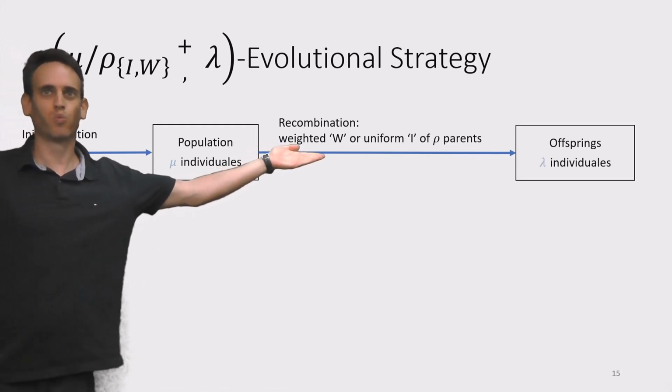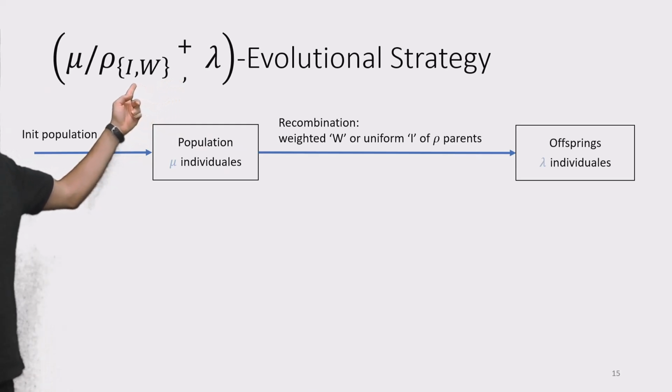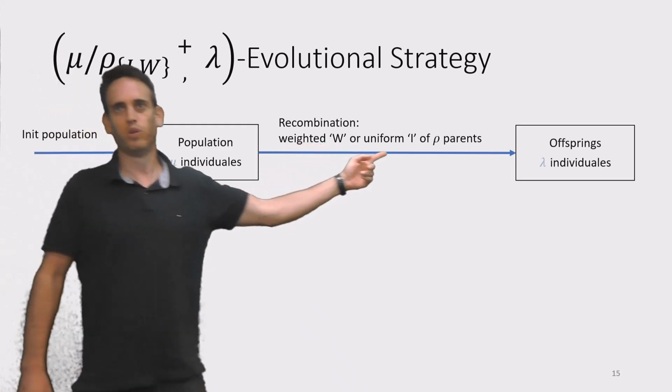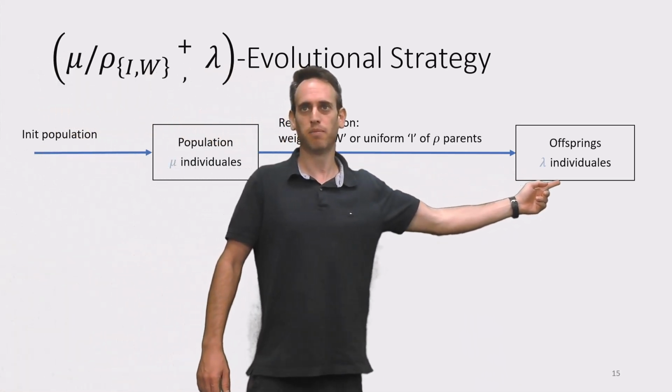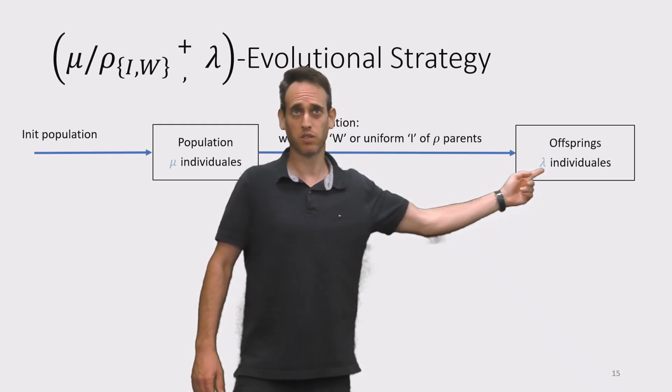So this can be either weighted or uniform. You can see these here. You choose either I or W. And we produce lambda offspring. This is the lambda here.